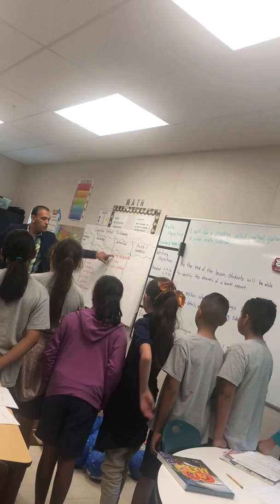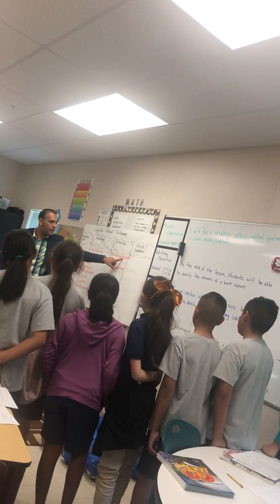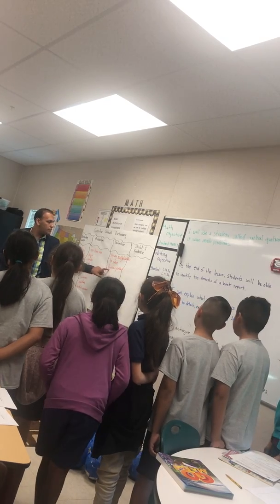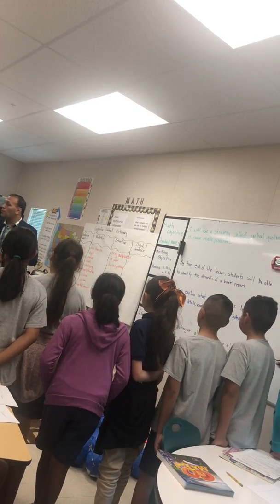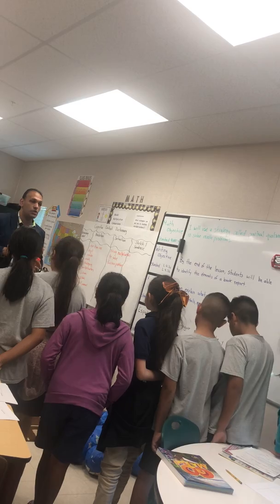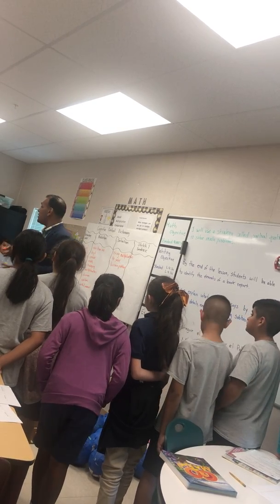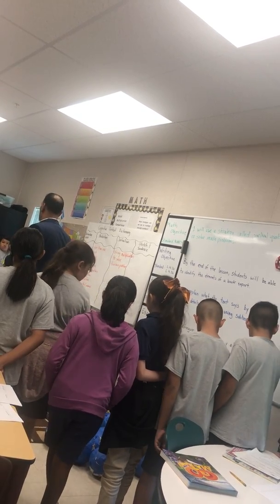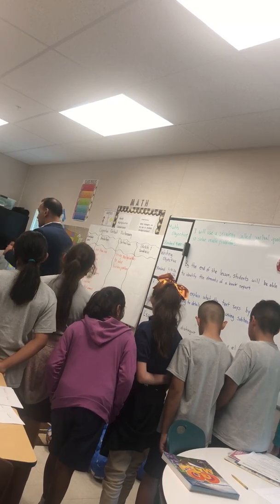Okay, read after me. Using multiplication to solve division problems. So partial quotient means that we're going to use multiplication to solve division. That's all it really means, is we're going to work backwards to solve division problems.